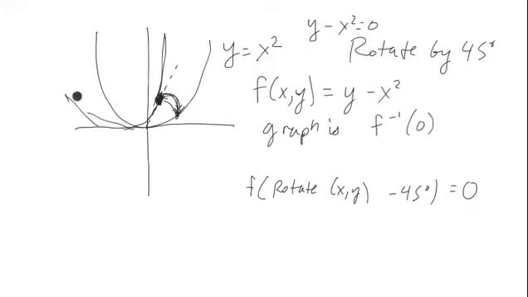So in the rotated figure, all the points here, if we rotate them back 45 degrees, we want that to be in the original function. The way of expressing that is to say, take a point on the plane, rotate it back 45 degrees, and then that should be a solution for f, to be in this fiber. And if that's true, then it will be on that graph that's been rotated 45 degrees this way.